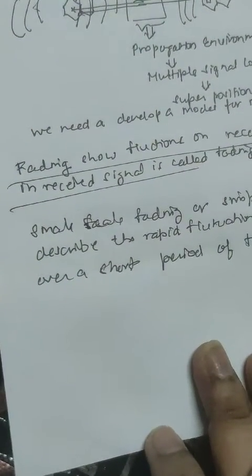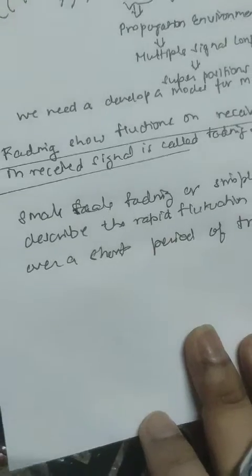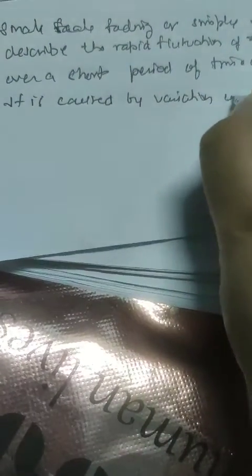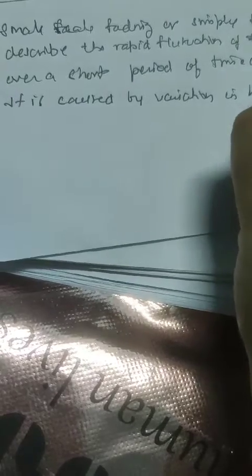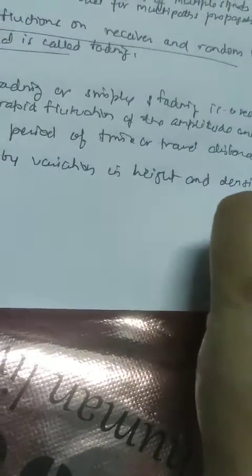It is caused by the variation in height and density of ionization.